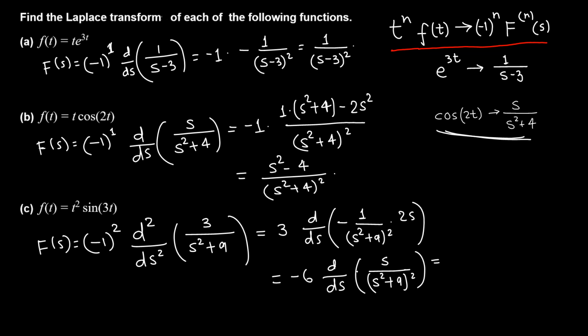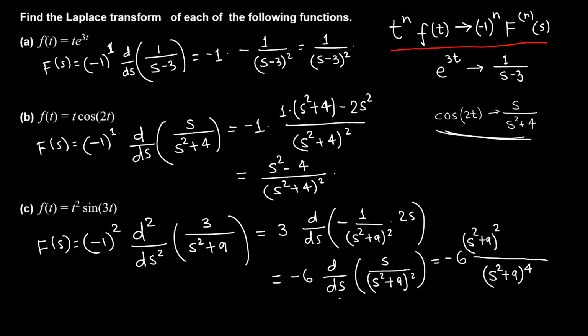Let's find the derivative. The negative 6 is already outside. Now we need to use the quotient rule because we don't have a constant anymore. Using the quotient rule, the bottom is s squared plus 9 to the fourth. On the top, derivative of top, that's 1 times the bottom, s squared plus 9 quantity squared.